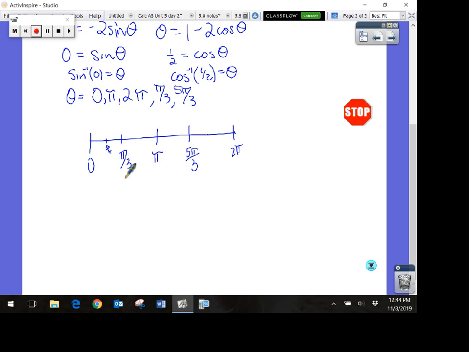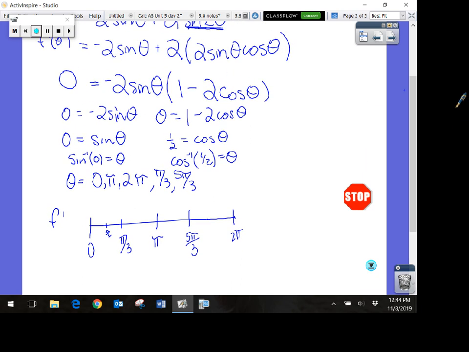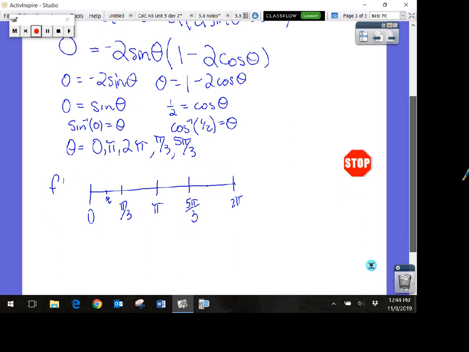Again, this is our F prime sign chart. F prime is going to tell us about F: increasing, decreasing, relative maxes and mins. We can use our factors, or we can use our full F prime equation. Either one is fine. I'm going to use the factored version right there.